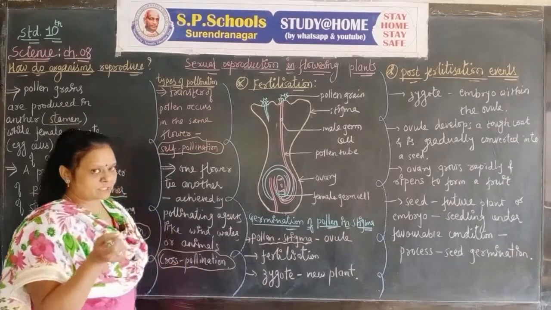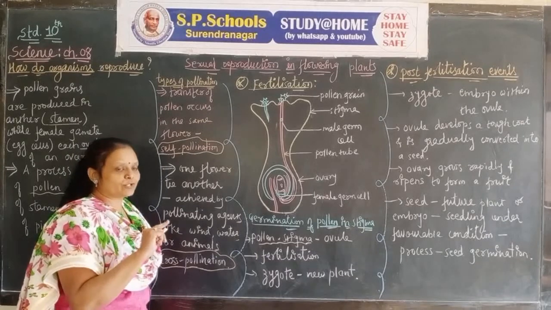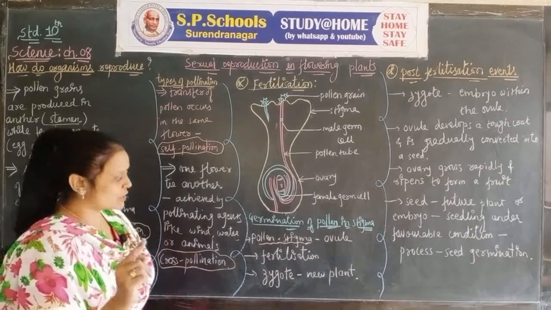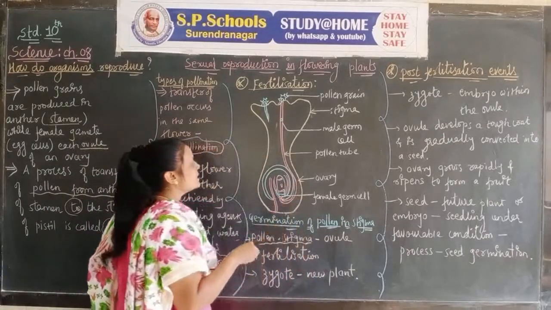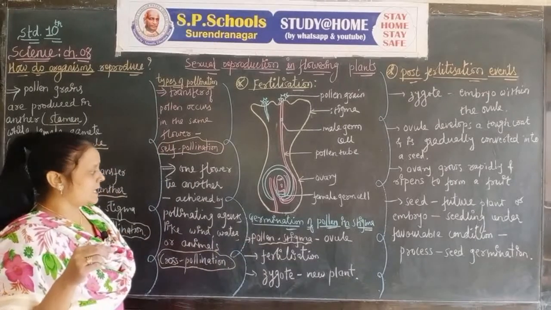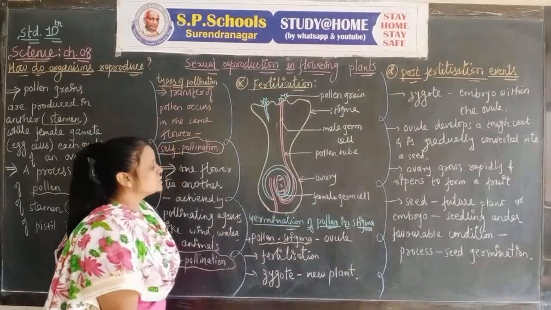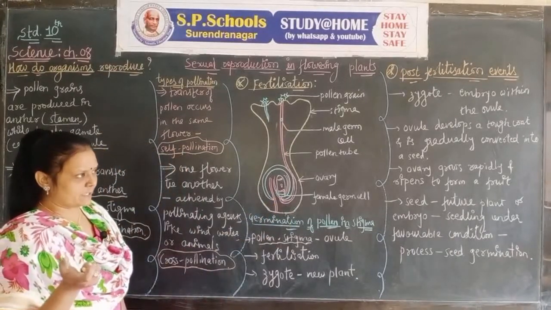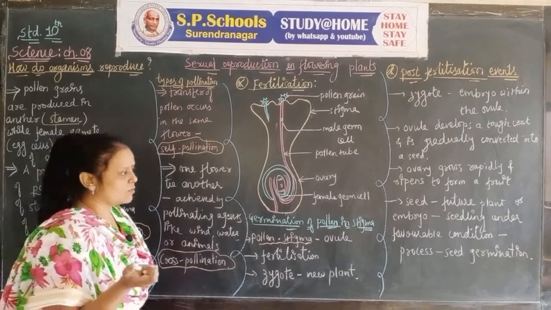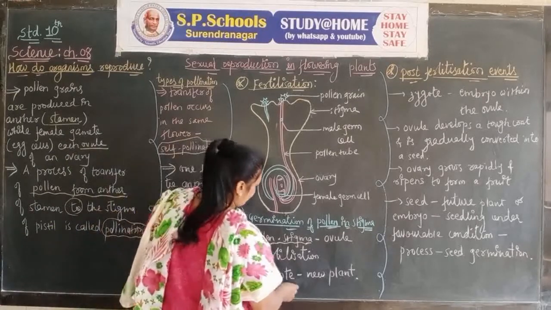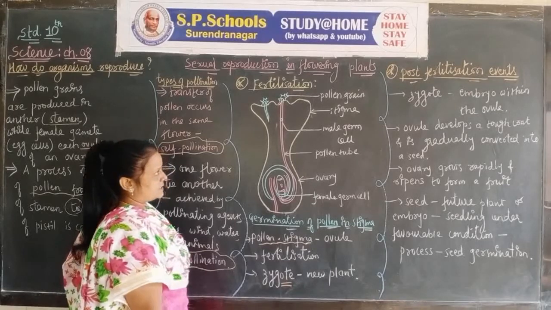This process of fusion of pollen and the egg is called fertilization. After fertilization, when the fusion of the pollen grain and the egg occurs in the ovule, the fertilized cell forms the zygote. The zygote is capable of becoming a new plant.